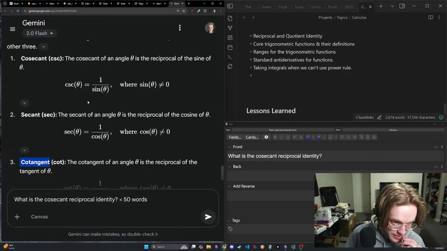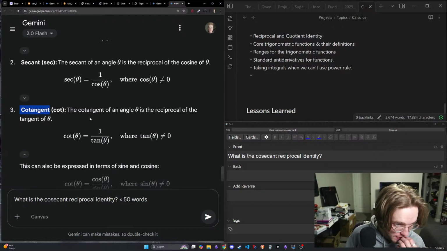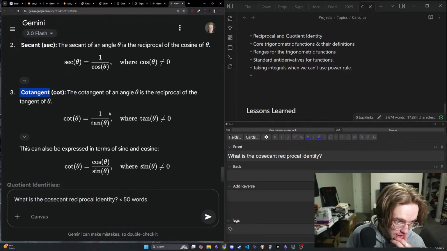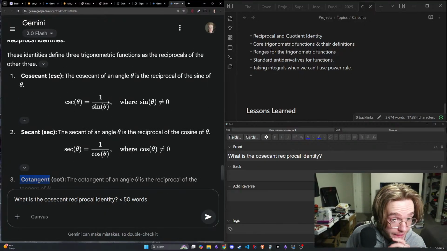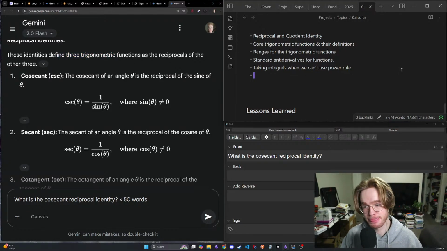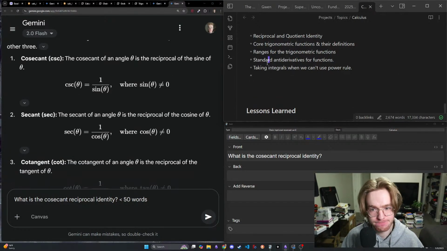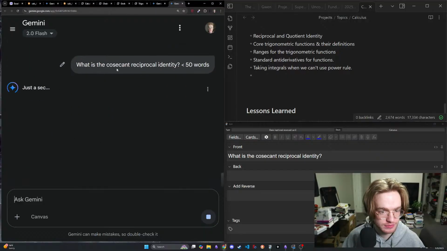And obviously they define the relationship between the cosine and secant, the sine and the cosecant, and the cotangent and the tangent. So describing them as the reciprocals of the other 3.